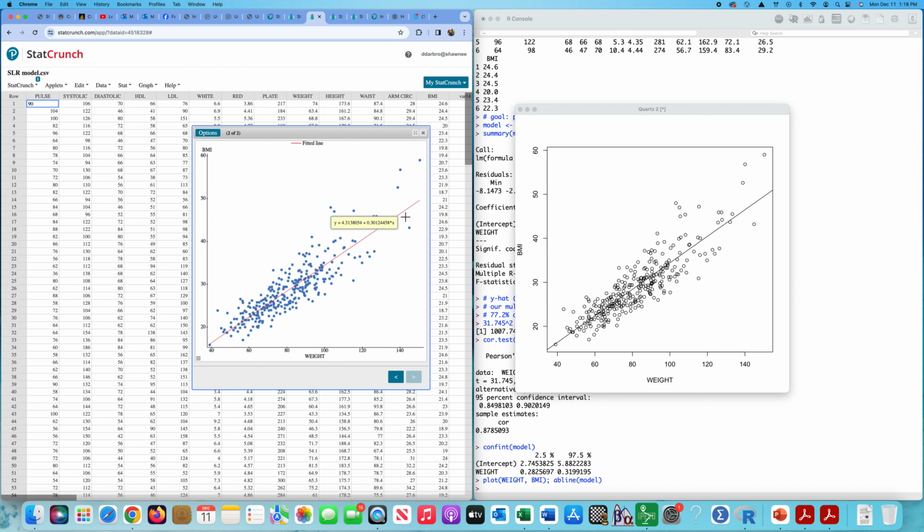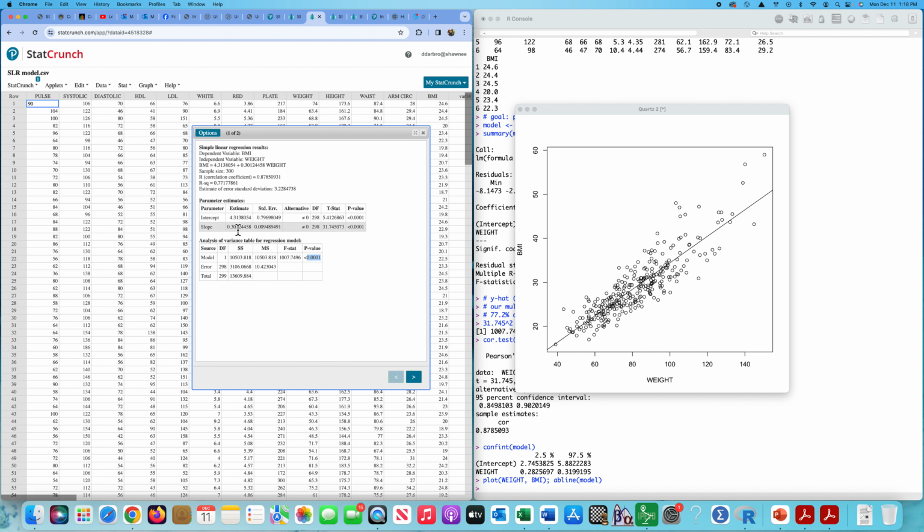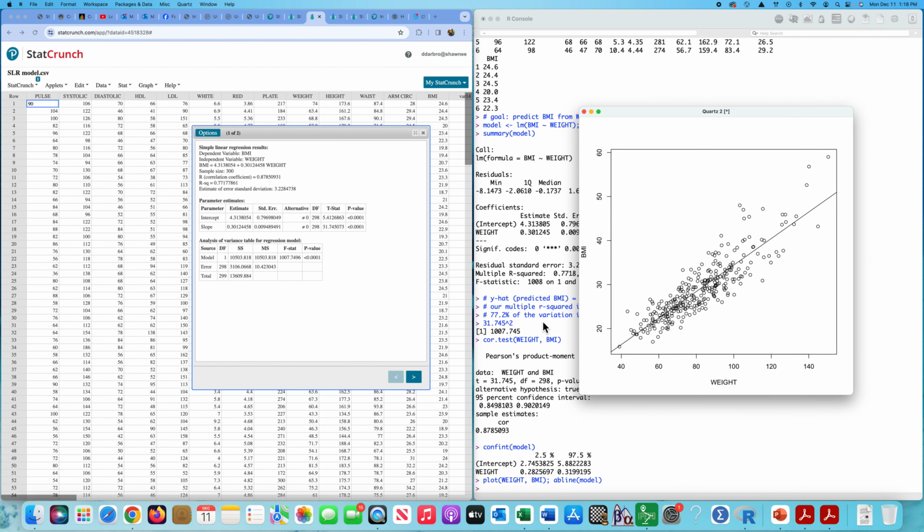It's about right there. Okay, go over. It's about 45. Now, if we want a more precise measurement, we just put 120 in our model, multiply by 0.301, and then whatever we get, add the intercept, and we can get our predicted value, just as we can do over here.